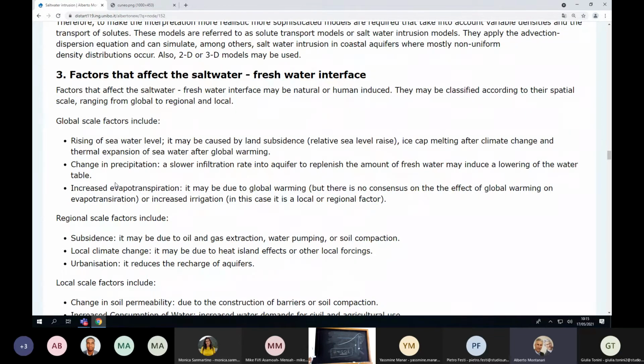But improving drainage efficiency means that we have reduced infiltration, and therefore we have less groundwater. There might be increased evapotranspiration, which may be caused by the heat island effect, by a change in agricultural production, or by climate change.